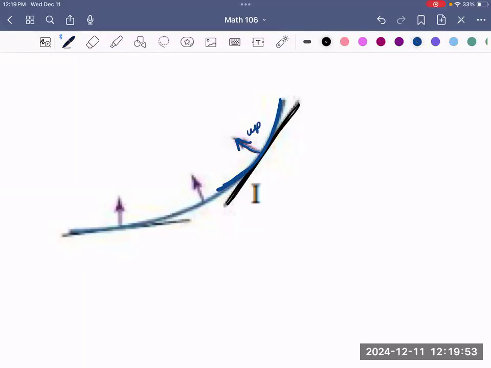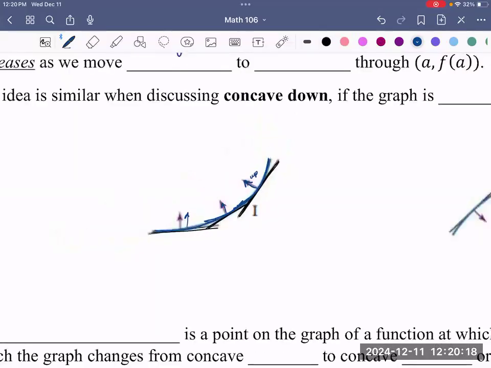And down here as well, this line in black is your tangent line, and your graph is also above it. This is considered up, and that goes for all of these. Even if I were to draw another one, your graph is still above your tangent line. So these are all considered up.